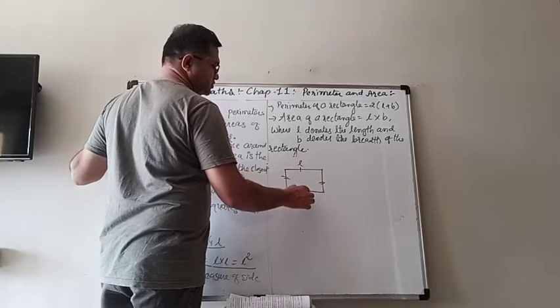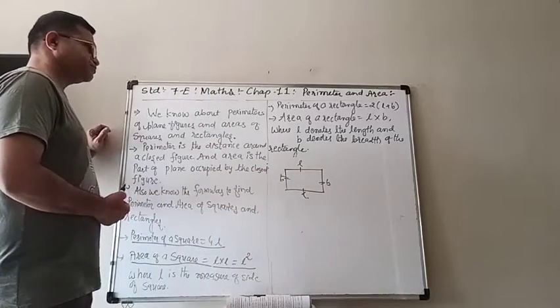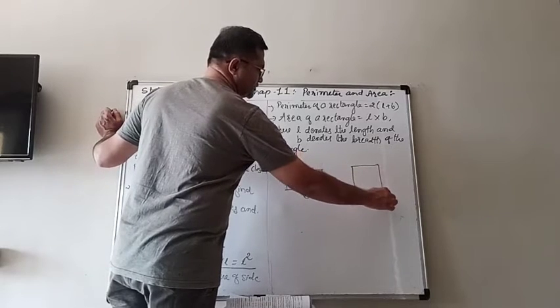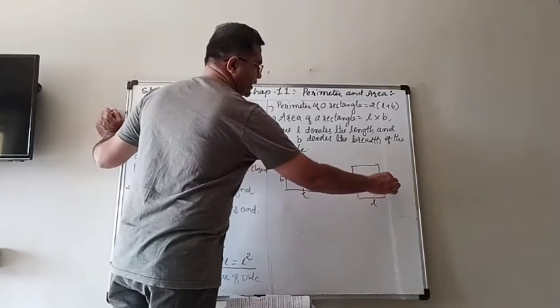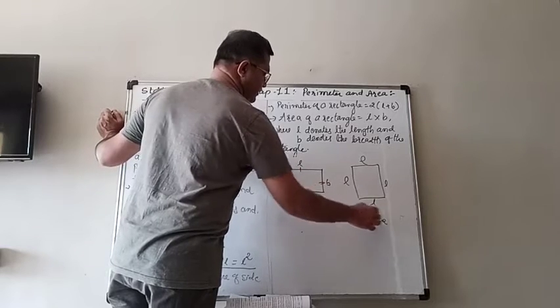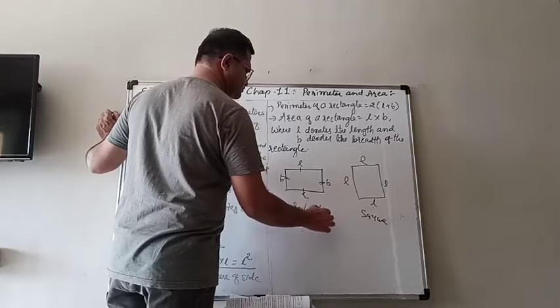So here, these are two lengths, these are two breadths. In a square, all sides are length L, L, L, L. While in a rectangle, opposite sides are equal.